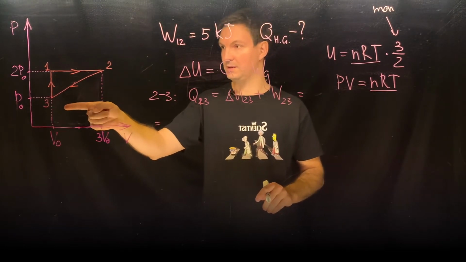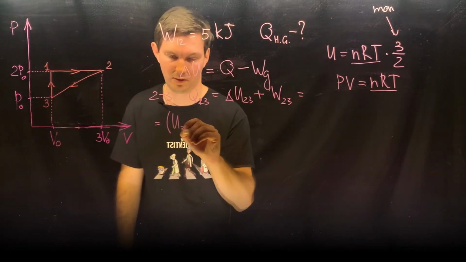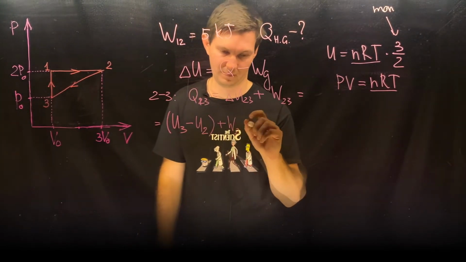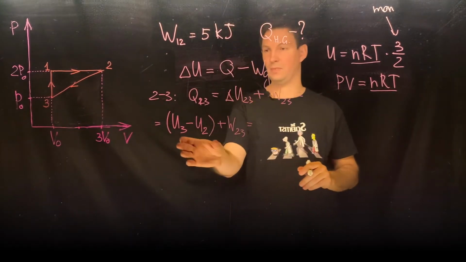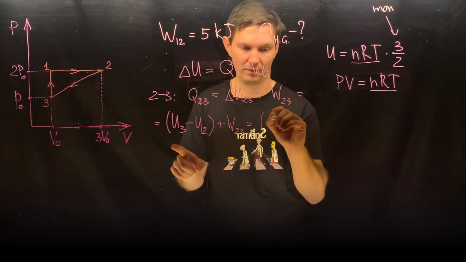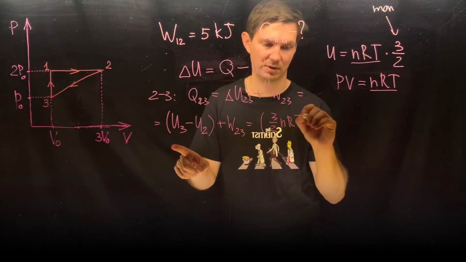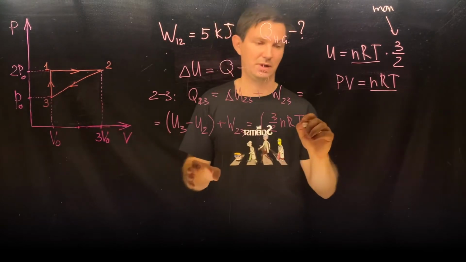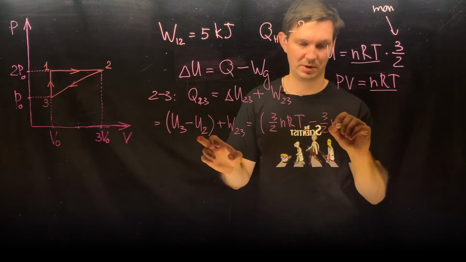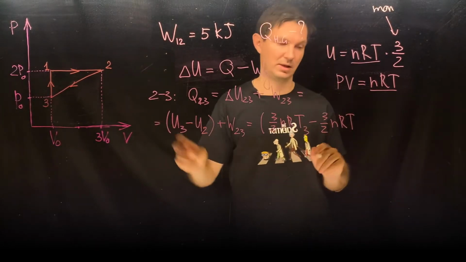In this case, the last state is state number 3 and the first is state number 2. So it will be U3 minus U2 plus W23. The internal energy in the third state will be 3/2 times N times R times the temperature in the third state, minus 3/2 times N times R times T, the temperature in the second state.